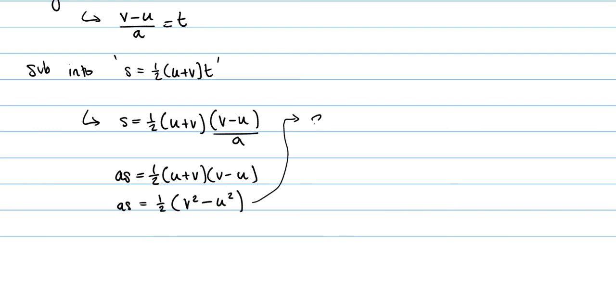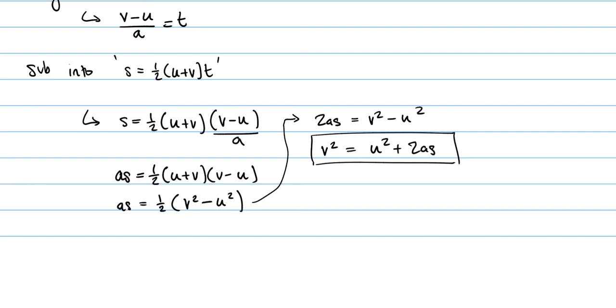And now let's isolate for v. Multiplying 2 to both sides, we get 2as is equal to v squared minus u squared, and if we add u squared to both sides, we get v squared is equal to u squared plus 2as. And this is our final SUVAT formula.